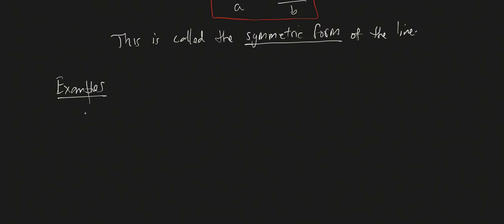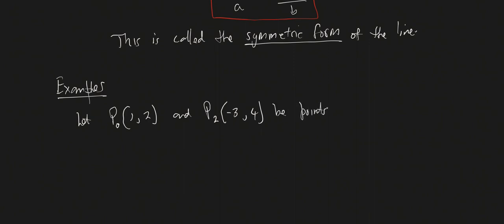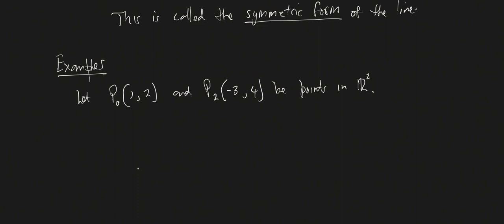So let P0 be (1, 2) and P1, let's say (-3, 4), be points in R2, right? So we have our 2 points. So let's first find the vector equation of the line that passes through these 2 points.